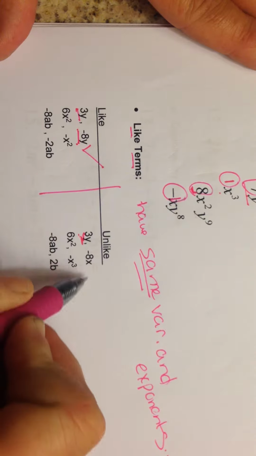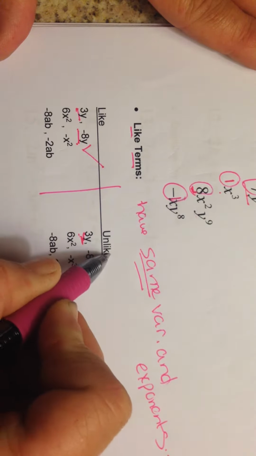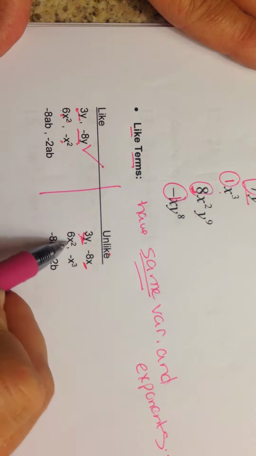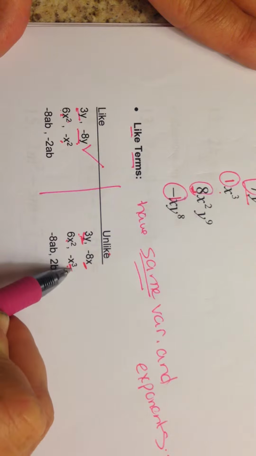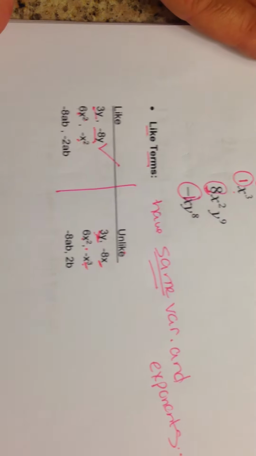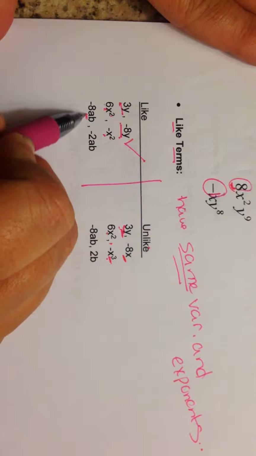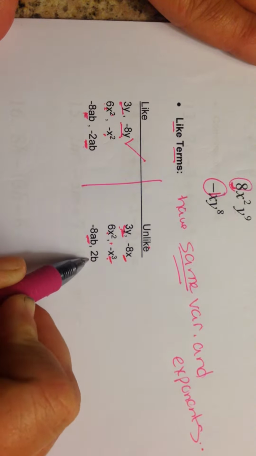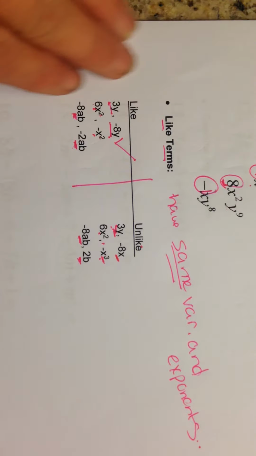But since this has a y and this has an x, they're unlike. These are like terms. They both have an x squared. These are unlike because one has a cube and one is squared. These are alike because our variables are the same. These variables are different.